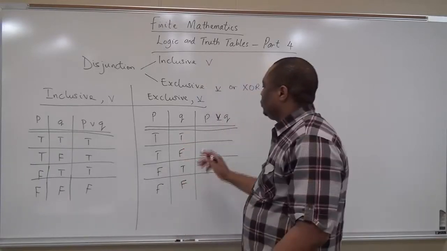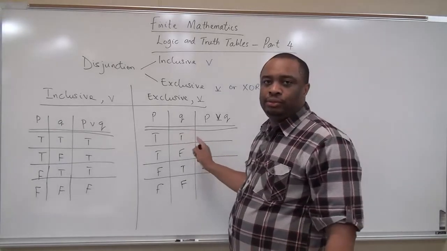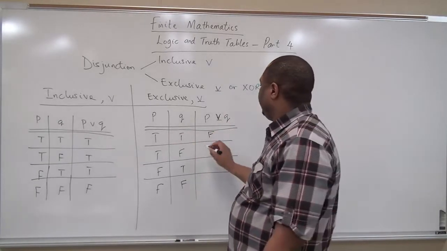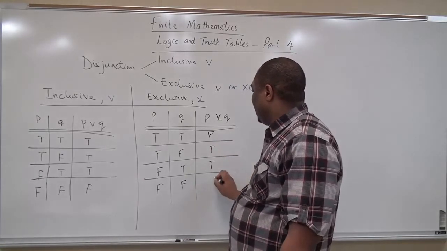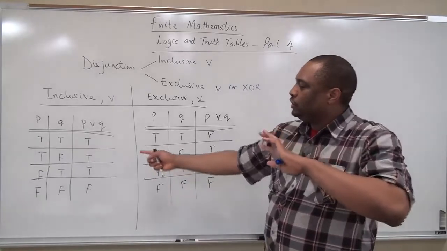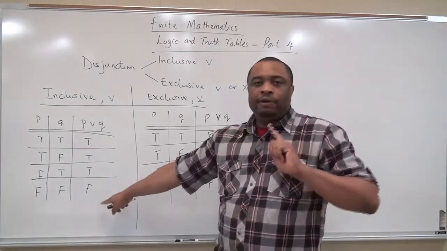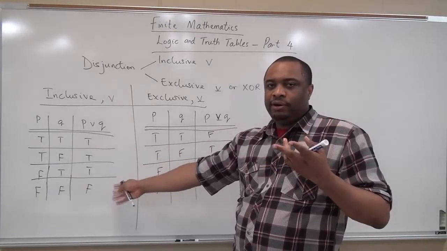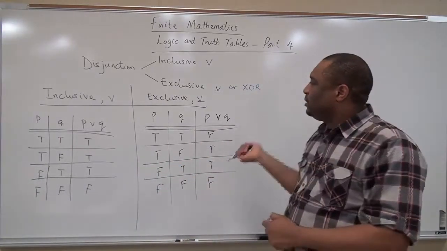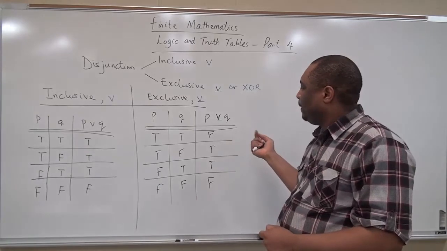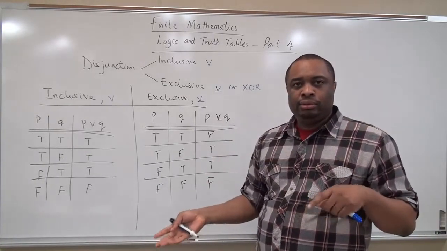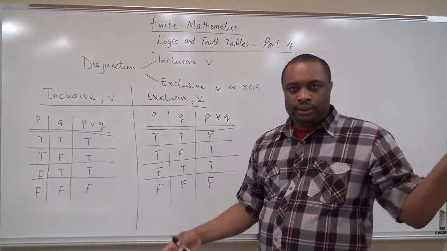So with the exclusive disjunction, when both are true, it is still false. That's the thing here. So the difference is this. With inclusive disjunction, it is only false when both statements are false. Otherwise, it is true. With exclusive disjunction, it is false when both statements are either true or false.